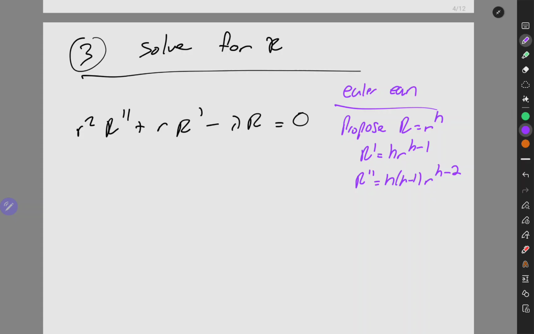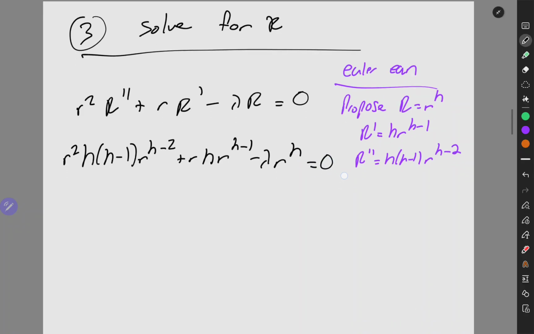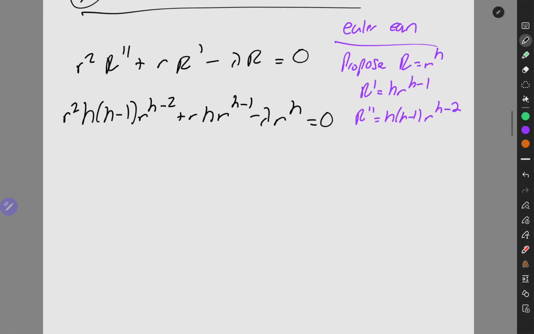So then we plug all these in here. We get r squared h times h minus 1 times r to the h minus 2, plus r h r to the h minus 1, minus lambda r to the h, equals 0.